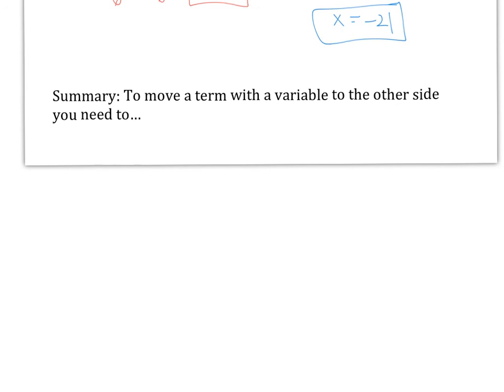So in summary, to move a term with a variable to the other side, you need to complete the inverse operation. And then combine like terms.